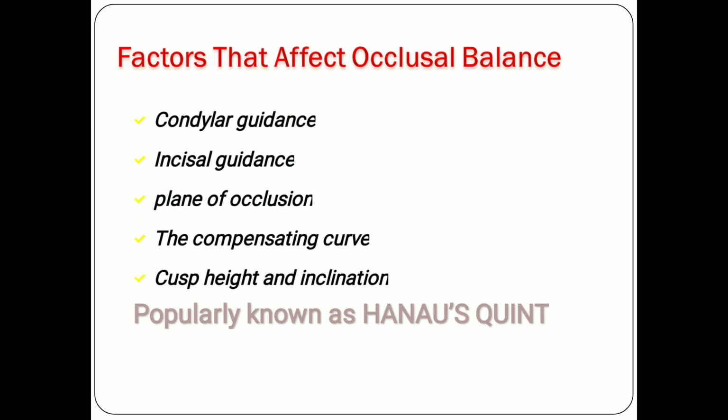At the preclinical level, as you are working on a 3-point articulator, it's enough to know what balanced occlusion is, what the purpose of balanced occlusion is, and what the factors that affect the occlusal balance are. If they ask what the Hanau quint is, it is nothing but the factors that affect the occlusal balance when you are providing balanced occlusion. In the Hanau quint we have condylar guidance, incisal guidance, occlusal plane, compensating curve, and cusp height and inclination.